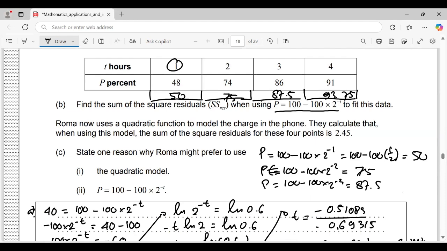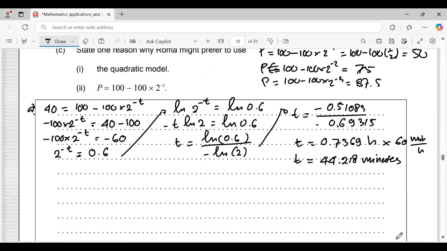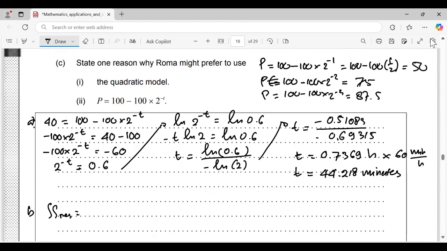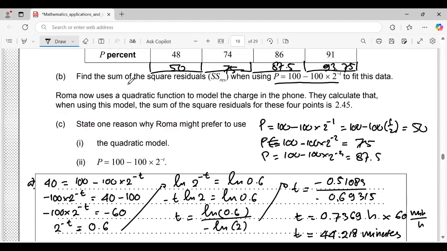Based on this result, we can calculate part B. The question is, find the sum of the square residuals.